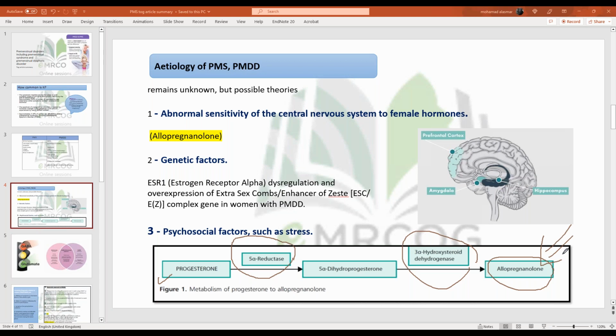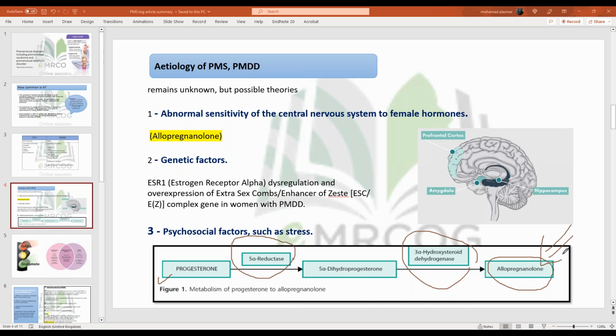Allopregnanolone is not only present in the body, they have found it affects the mood and behavior of those females who are having PMDD and PMS, but they have also found that there is a genetic tendency.